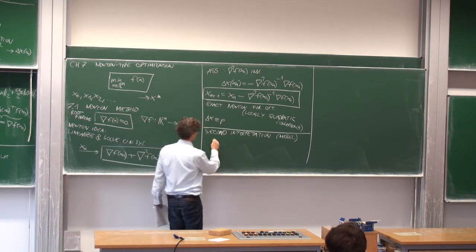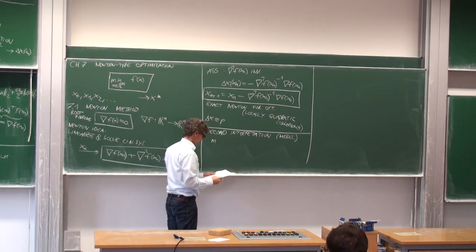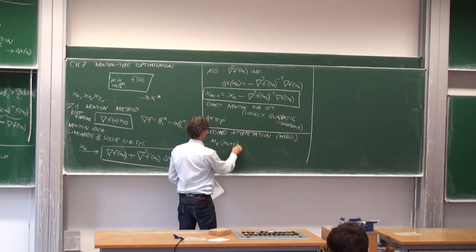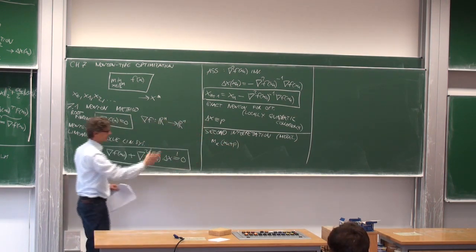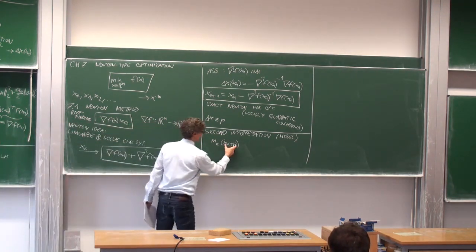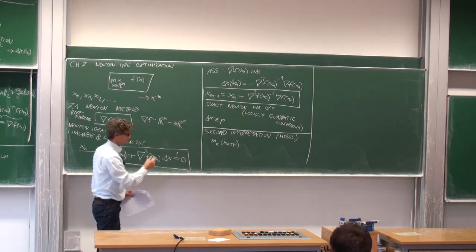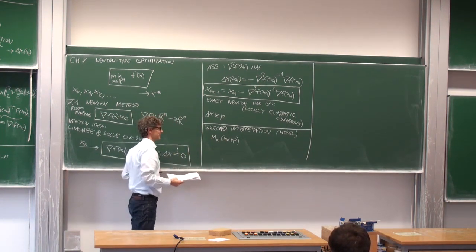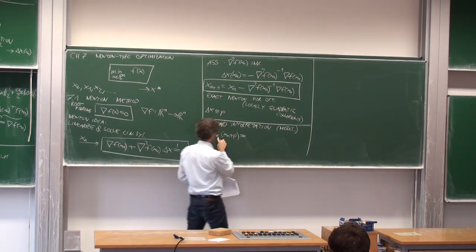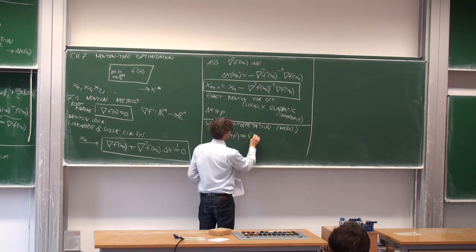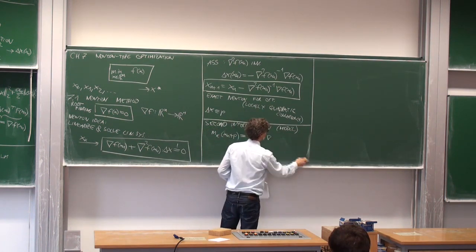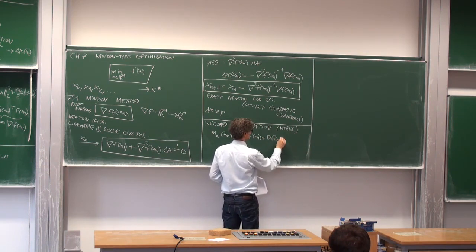And this quadratic model we call M, and I call it MK. And it has one argument actually, and that is in the absolute values of coordinates, but I split this into xk plus p in order to keep a lot of minus signs away in the notation. And my quadratic model of my function at time point k is actually the function value itself plus the first order Taylor series term.